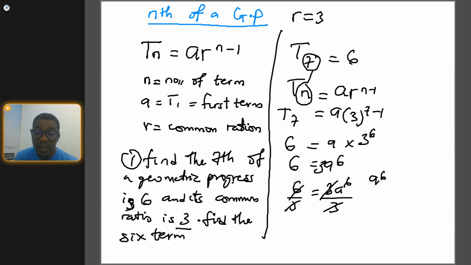We have a raised to power 6 equals 2. And to get the answer of a, we need to take the sixth root: a equals the sixth root of 2.